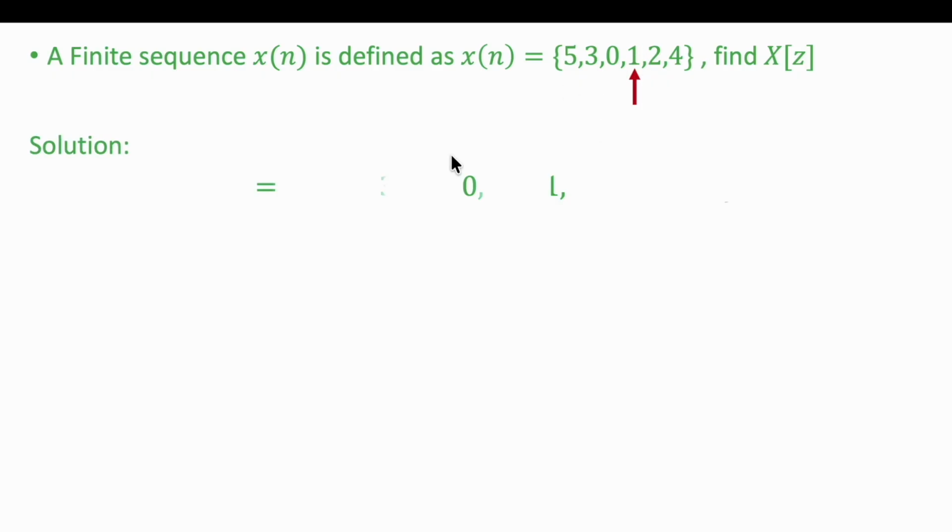So you can rewrite the samples again in terms of x of n. On the right side the positive samples and on the left side you have negative samples, like x of 0, x of 1, x of 2, and x of minus 1, x of minus 2, and x of minus 3.